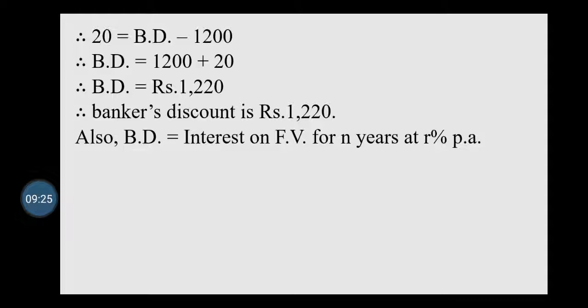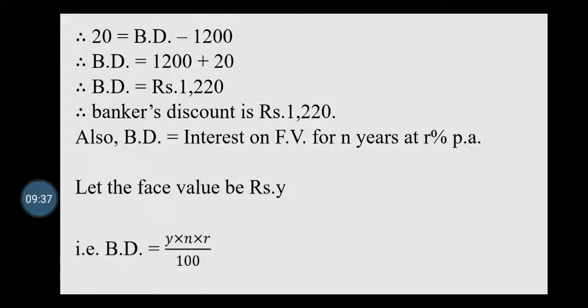Also we know that banker's discount equal to interest on face value for n years at r% per annum. Let the face value be rupees y. Then banker's discount equal to y into n into r upon 100.